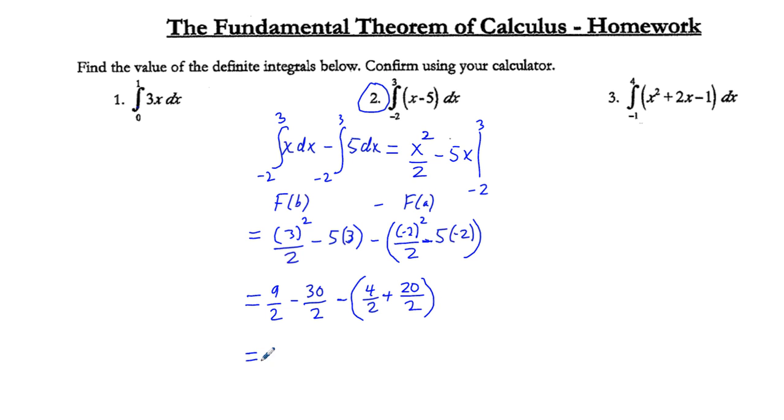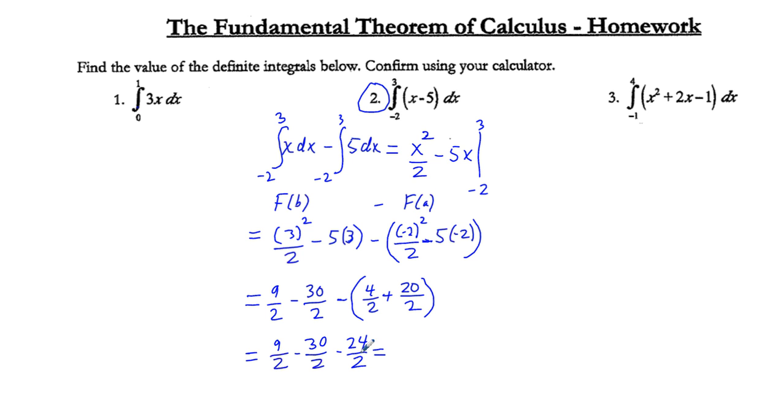And continuing to work below, we have 9 halves minus 30 halves, and we have minus, what we're going to have is 4 halves plus 20 halves. So we subtract out 24 halves.